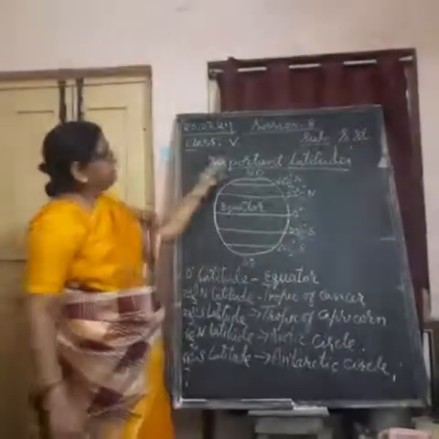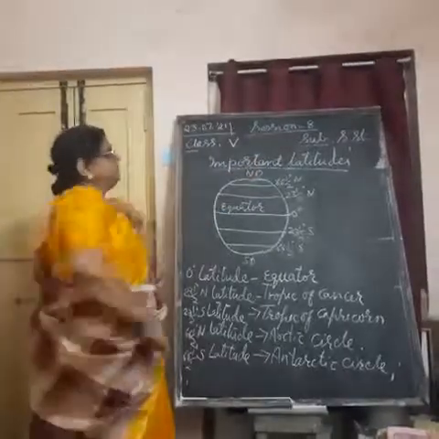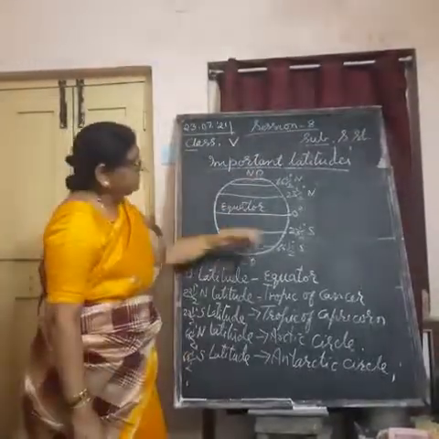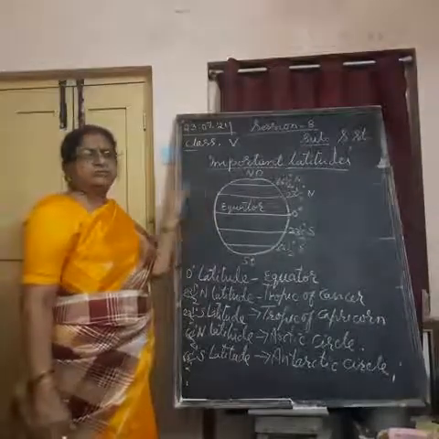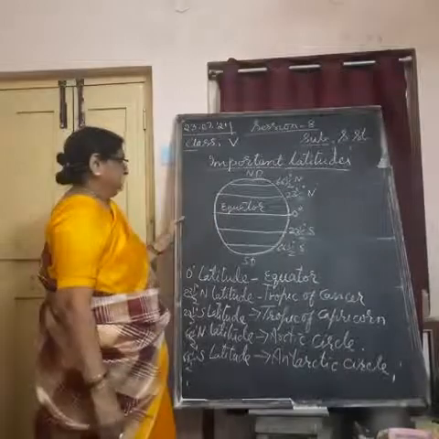You are going to give the heading important latitudes, and then draw a circle. You have it in the textbook, I will give you the page number and the photo also. Understand?